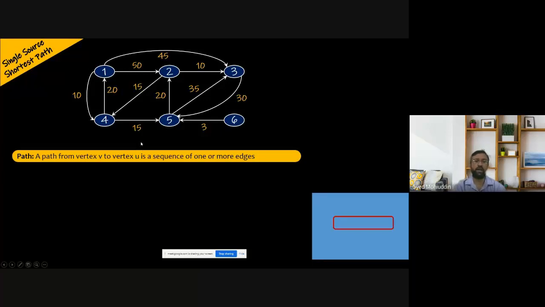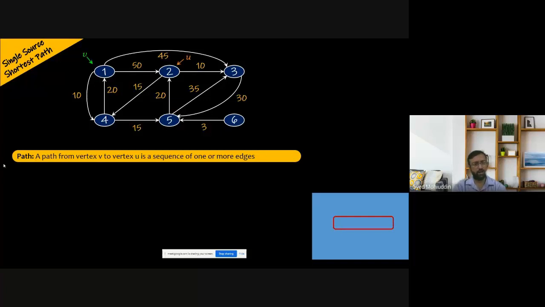It can be a direct path, or a sequence of edges through which we reach the destination vertex. So a path is basically from any vertex V to any vertex U, a sequence of one or more edges. If it is one edge, we call it a direct path. If more edges, we call it a path which may have intermediate nodes.